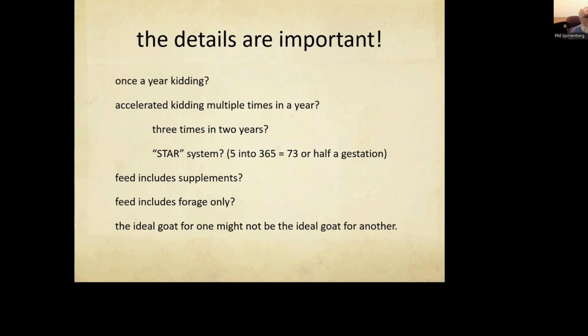Or you can take a moderate genetic animal and put it in a really, really easy environment and it's going to actually produce fairly well. So it's that combination, and you have to figure out which one of those fits your individual system the best.